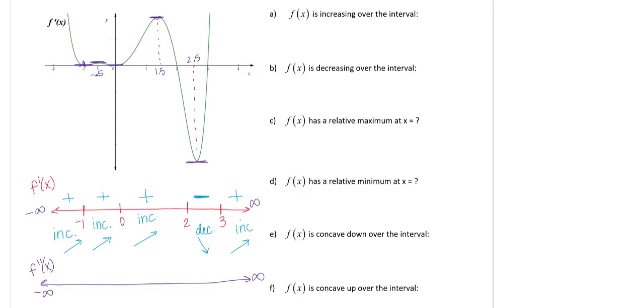So I have negative 1, I have negative half, we had 0, 1.5, and 2.5.